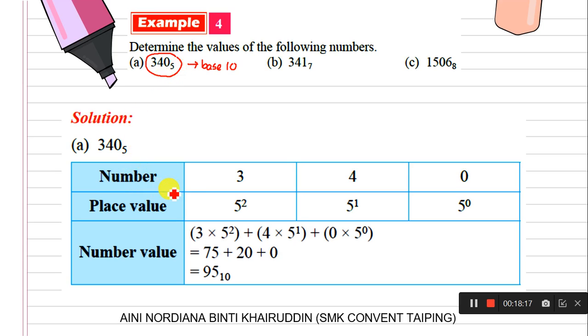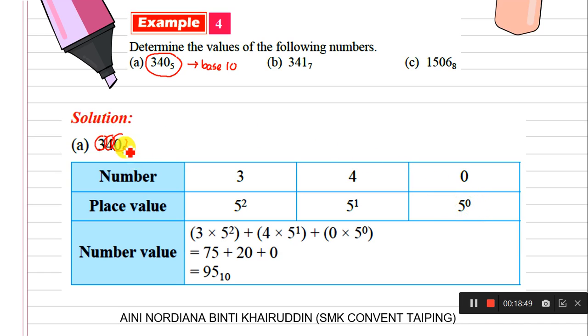You have to draw this table. For the first row, you write the number 3, 4, 0. Okay, in the first row, 3, 4, 0. For the second row is the place value. Place value starts with the base to the power of 0.